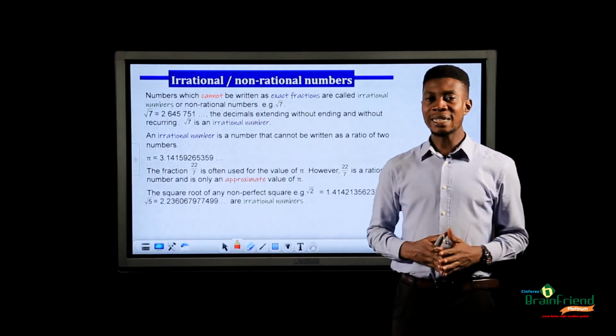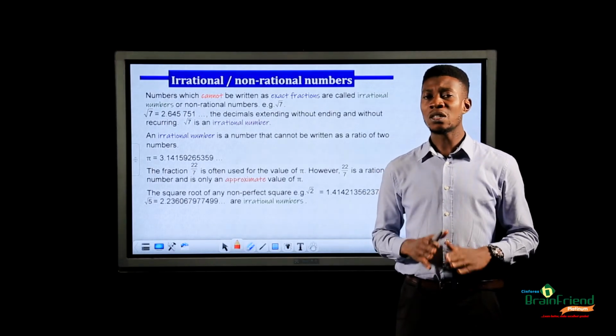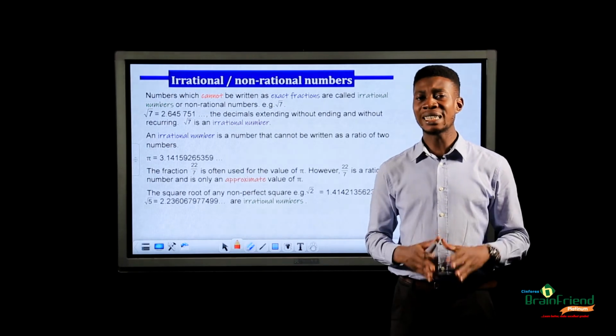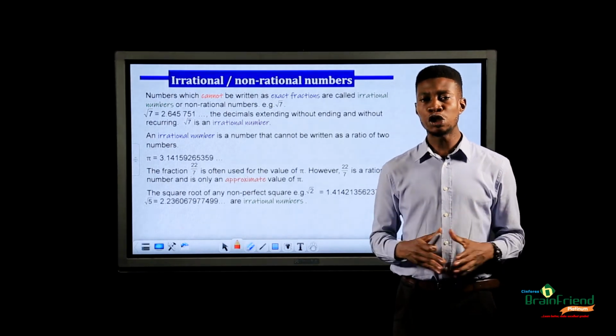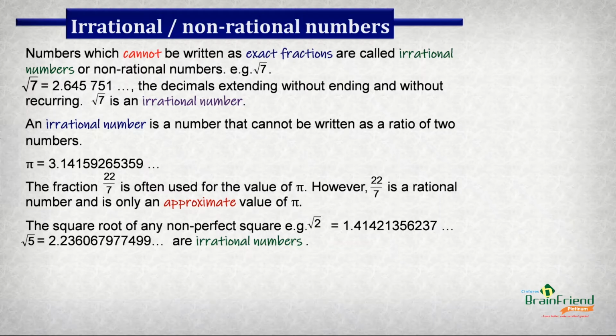Before now, I said an irrational number is a number that cannot be expressed as an exact fraction or a ratio of two integers. We have an example like root 7. When you punch the number root 7 on a calculator, it will give you some long decimal numbers.